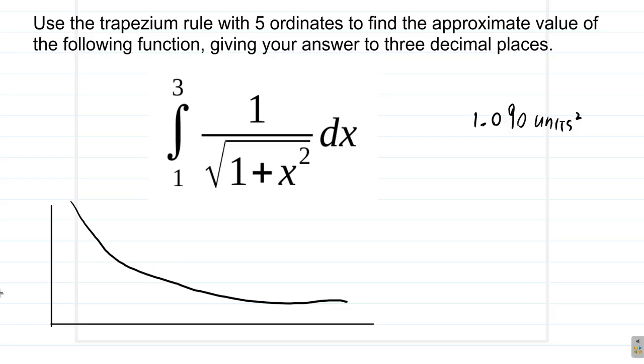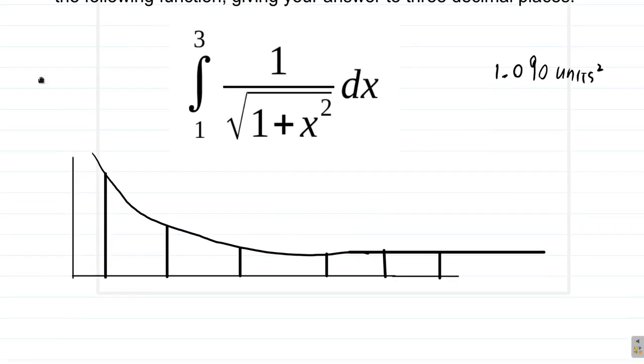Now with 5 ordinates, that means 5 straight lines: 1, 2, 3, 4, 5. Let me space them out a bit now. Now the thing is, you're going from 1 to 3.